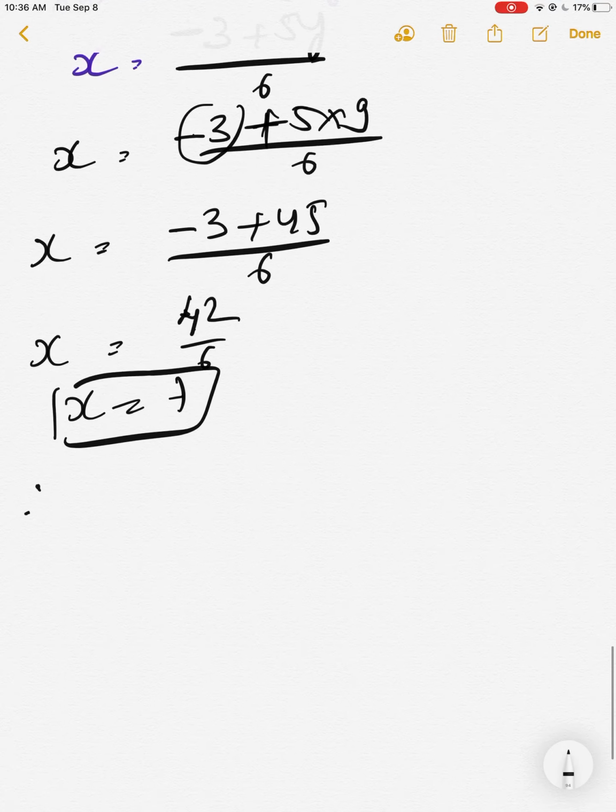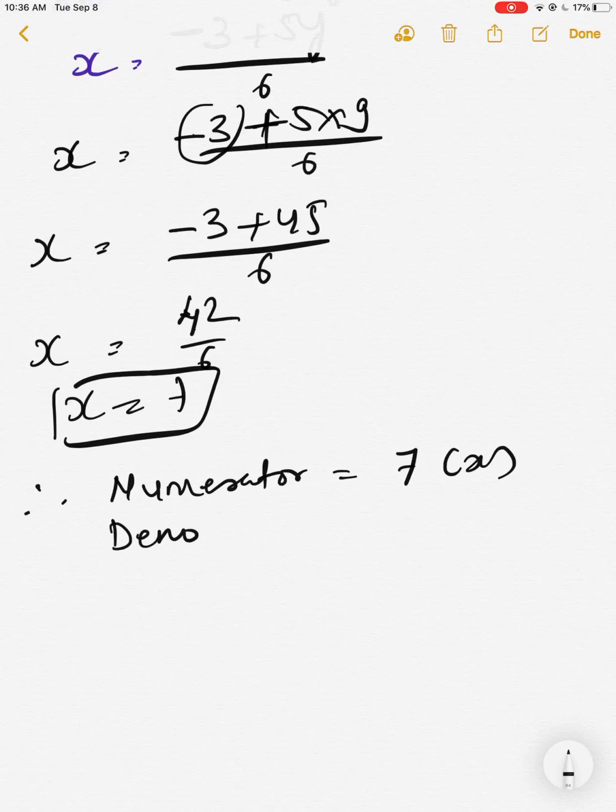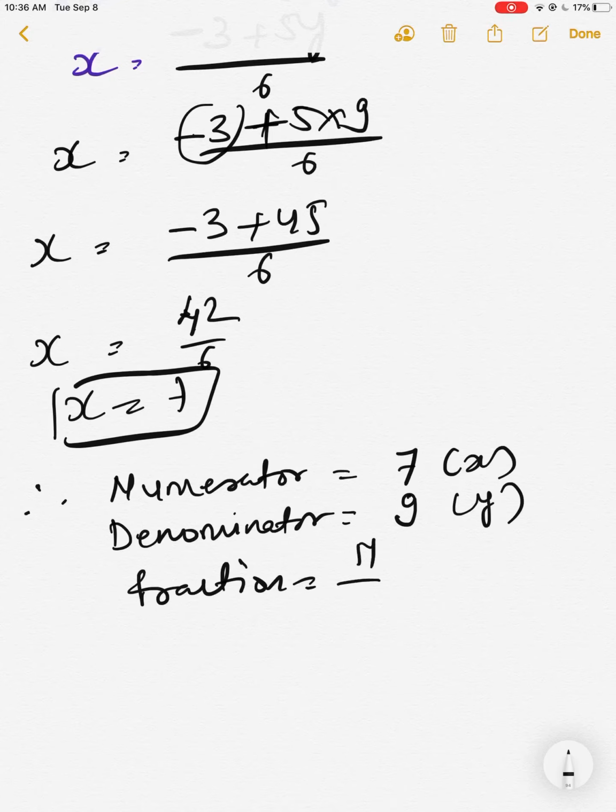So therefore we have taken the numerator is equal to 7, that is x, and the denominator is equal to 9. So what will the fraction be? Fraction is equal to numerator upon denominator, 7 upon 9.